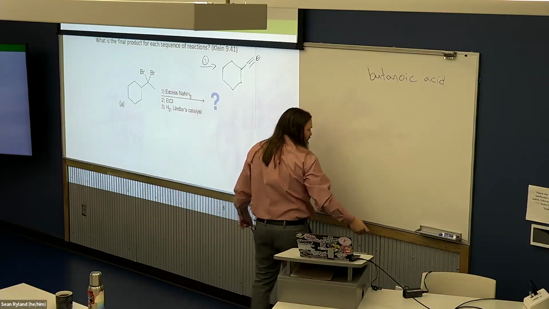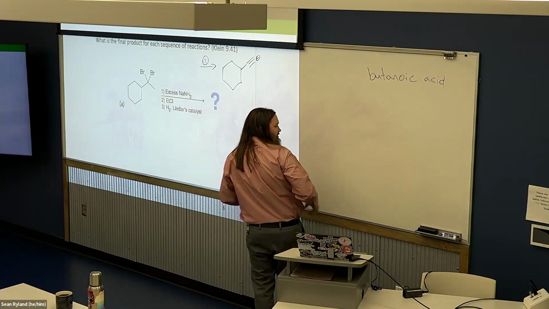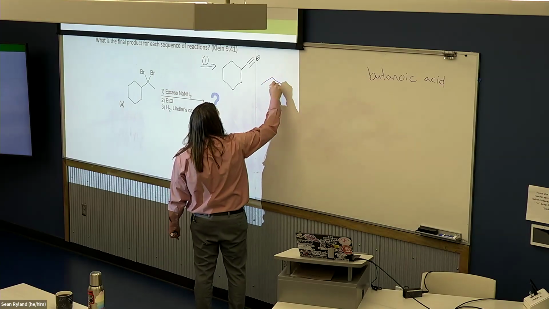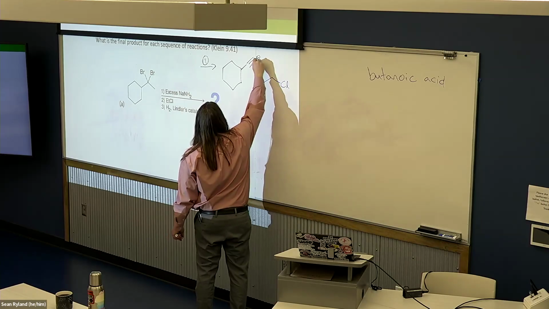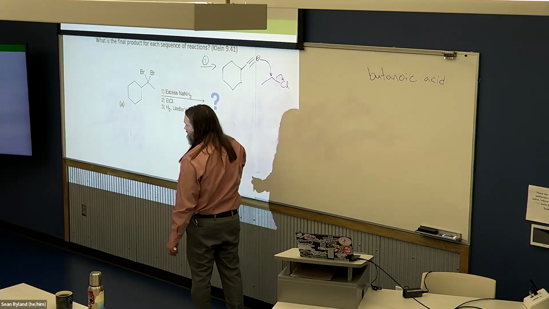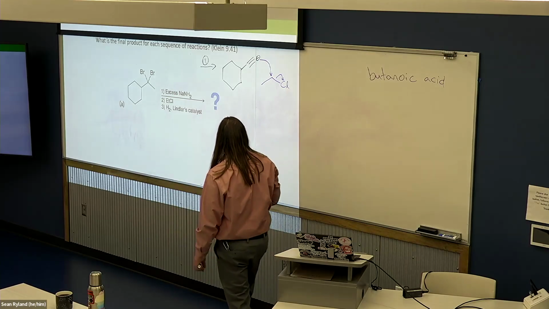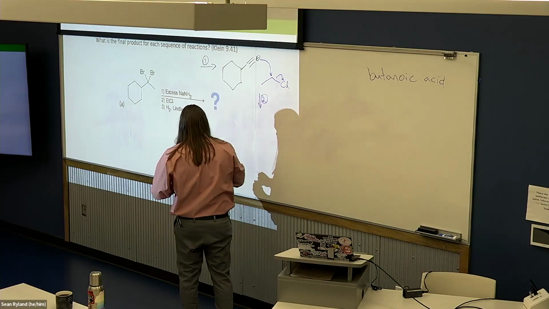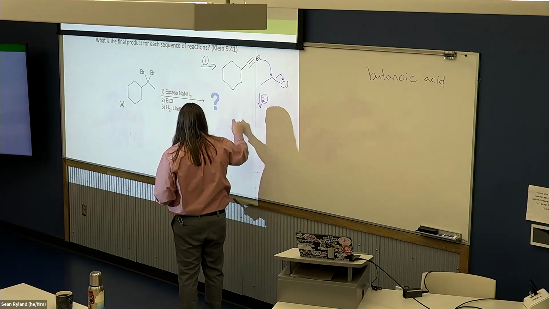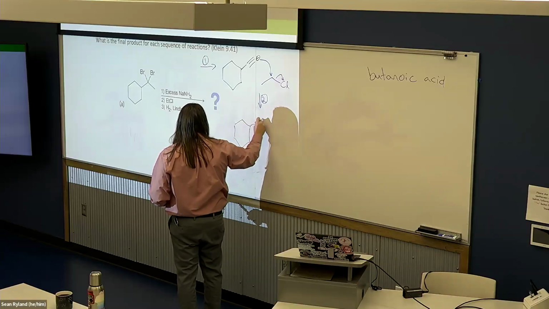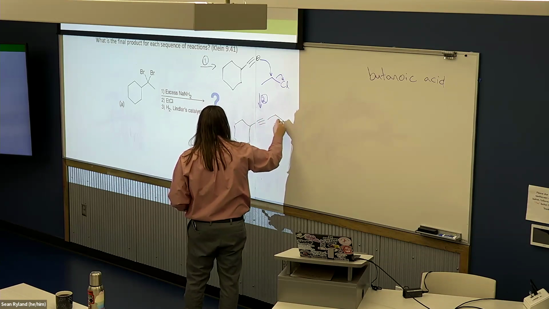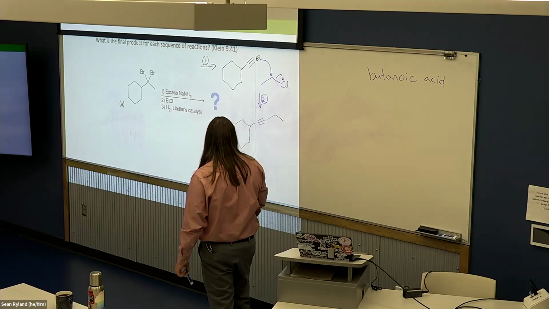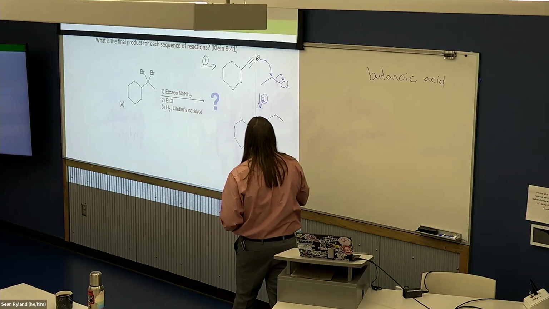Net result is we get here after step 1. And then we react with ethyl chloride, SN2. Now we're here.